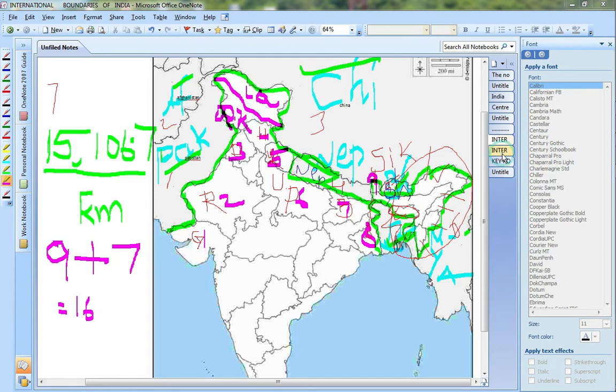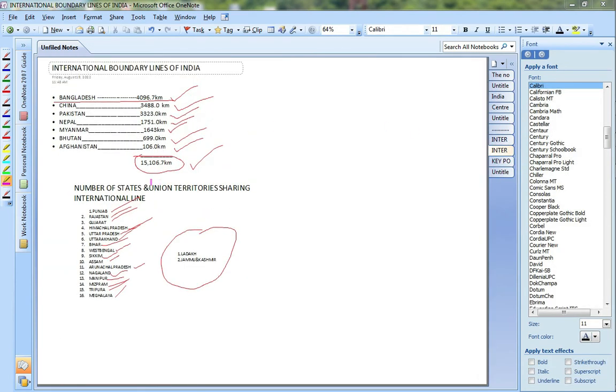Then we will recall that. Which are our neighborhood countries? Bangladesh, China, Pakistan, Nepal, Myanmar, Bhutan and Afghanistan. The length of land boundaries between India and other countries: Bangladesh and India, 4096.7 km.